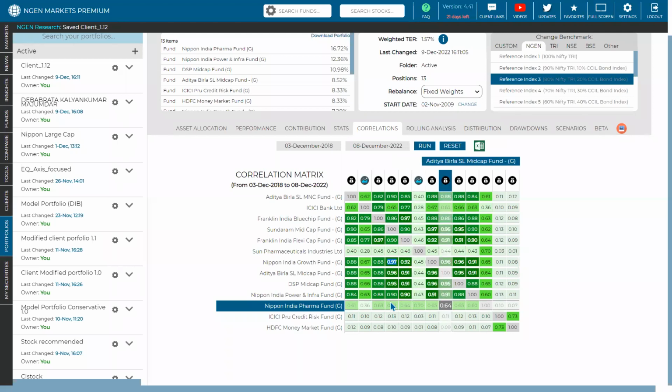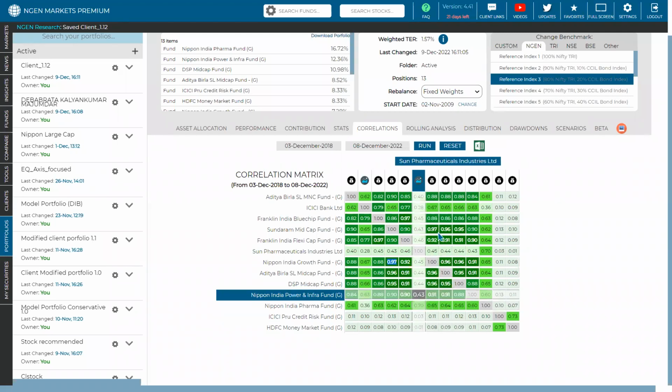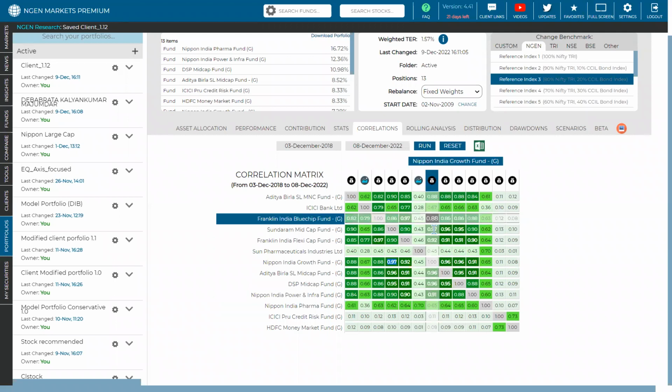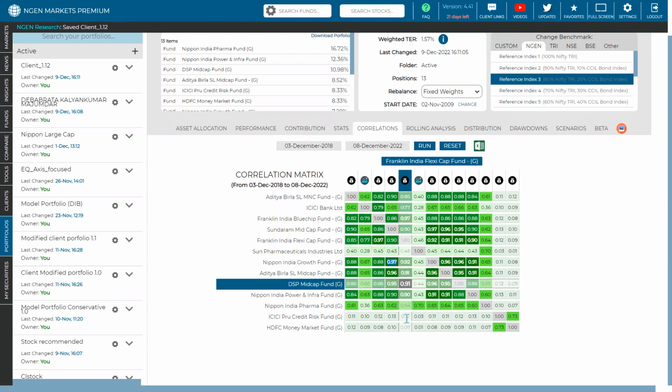So, summing it up, high correlation is closer towards 1, like 0.97 when you're comparing within an asset class. And a low correlation is farther away from 1, so it can be 0.65 in equities. If a different asset class is involved, like equity and debt, then you can see a very huge difference, like 0.08 as a correlation.